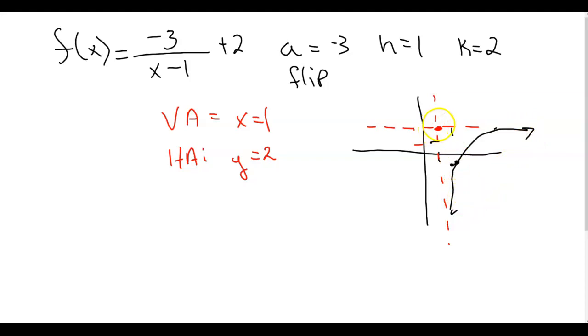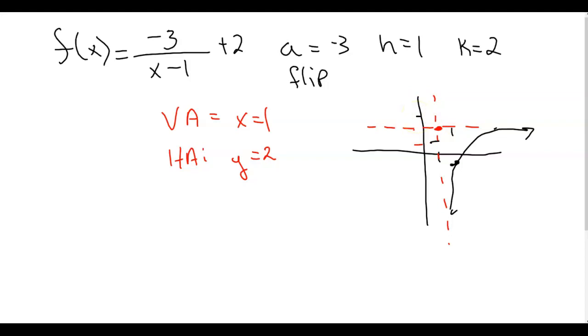All right. So now if I go 1 to the left, that puts me at 0, doesn't it? Oh, nope, sorry, yeah, it puts me at 0. So if I'm at 0, that's going to be 3 that I have to go up. So 1, 2, 3. So we're already at 2.